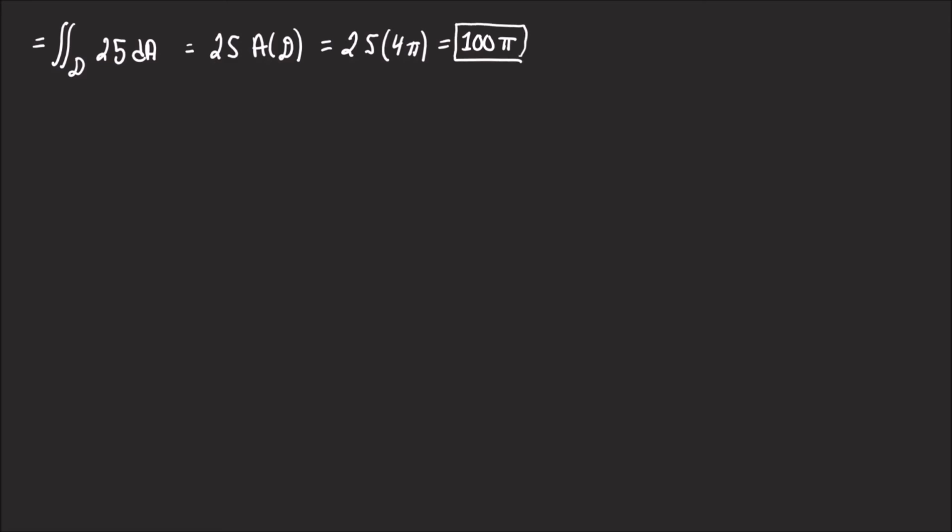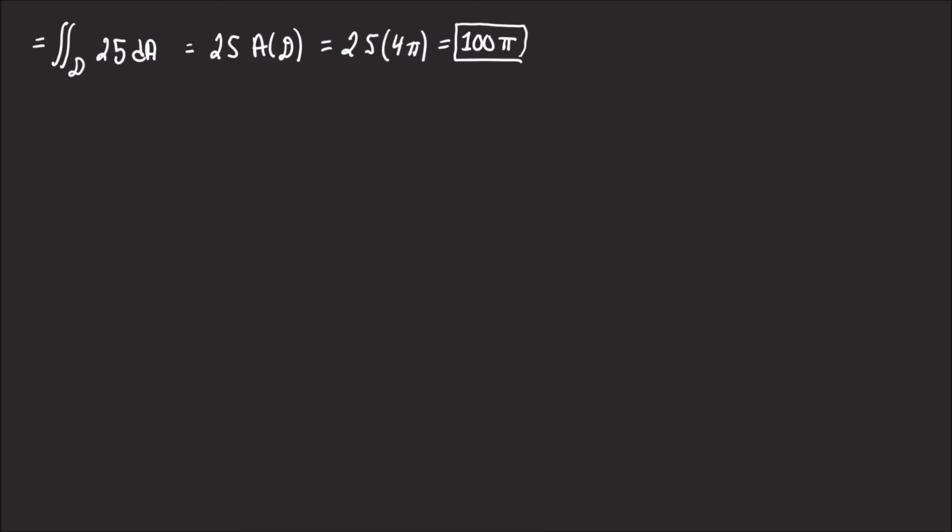Now what this becomes is the double integral in D of just 25 dA. If we factor out the 25, we're left with the double integral dA, which is just the area of the domain. Now the domain was a disk of radius 4. I'm sorry, of radius 2. So we get 100 pi for the surface integral of the top.